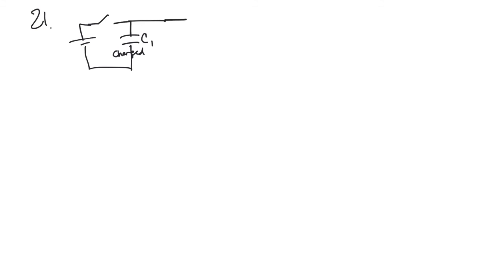And then we close S2. And it might even be useful just to make it clear that the bottom of this resistor is at the same potential as the bottom of C1. And so that might help to think about that.